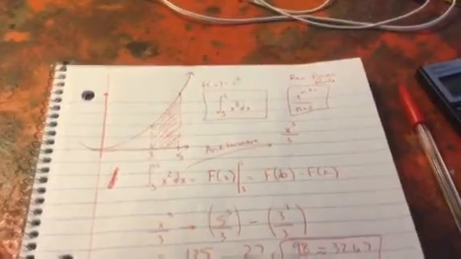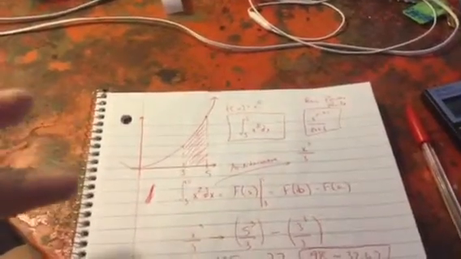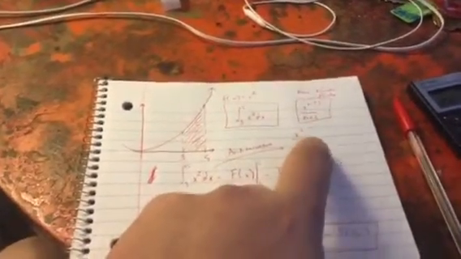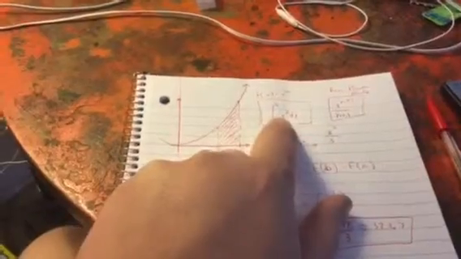But an antiderivative: let's say we have x squared, and we find the derivative of that. But we want to find the antiderivative, in that the antiderivative of x squared is x cubed over 3. The derivative of x cubed over 3 is x squared.